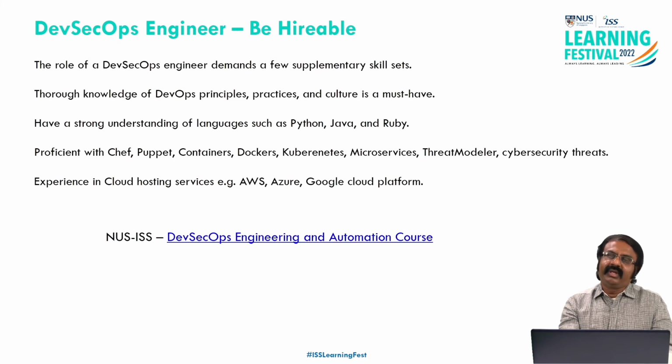Moving from a monolithic development approach to DevOps, you need to learn about microservices, then threat modeling and cybersecurity threats, and experience in cloud hosting services, for example AWS, Azure, or Google Cloud Platform. These are the essential skills required to be a successful DevSecOps engineer.